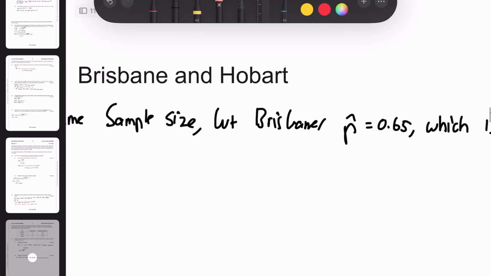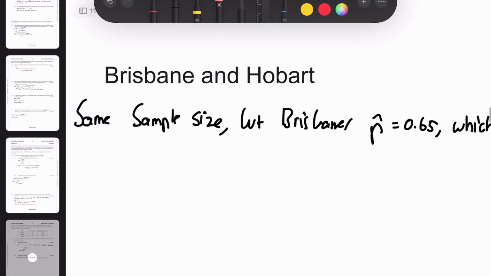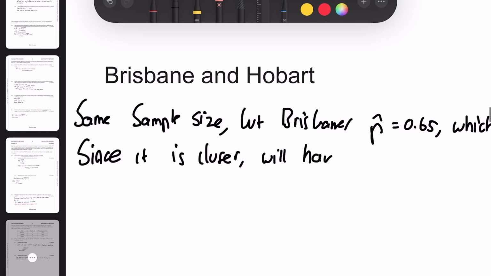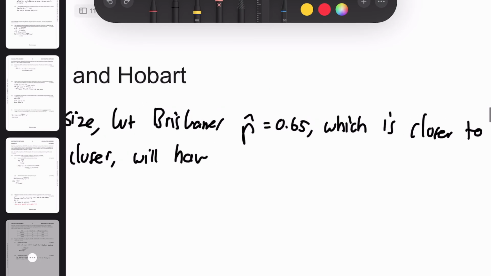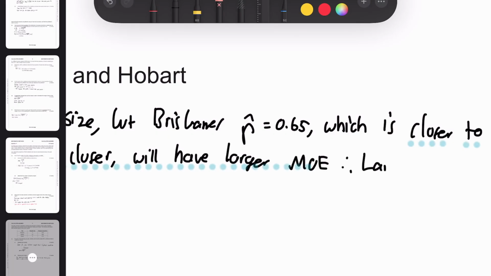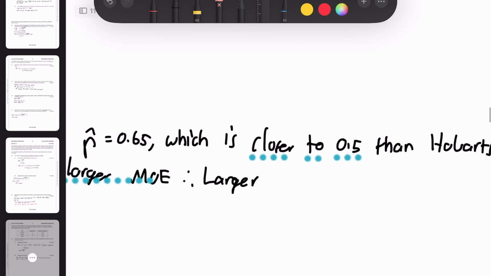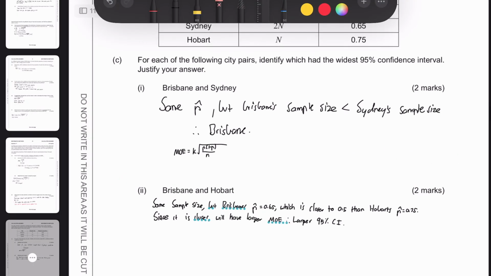Since it is closer, we'll have a larger margin of error, therefore a larger 95% confidence interval. Maybe I should say that here as well.